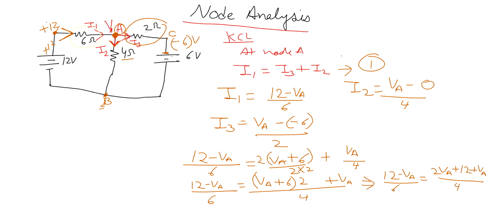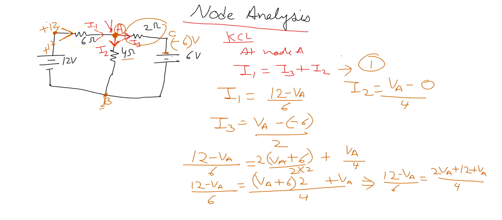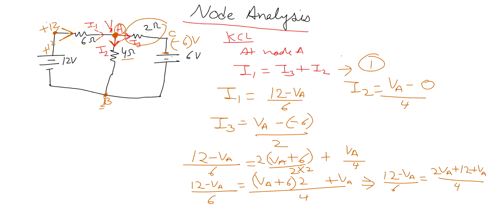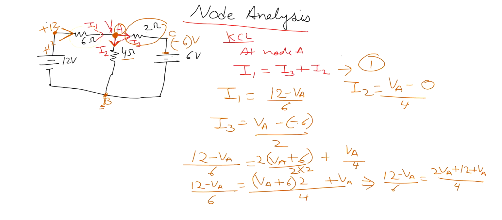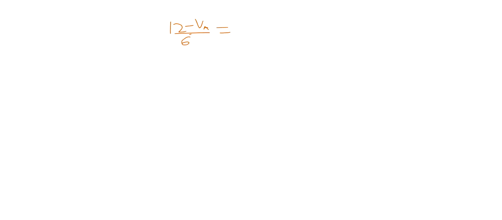So this gives you, let me pick the second page. That is (12 minus VA) divided by 6 is equal to 2 VA plus 12 plus VA, divided by 4.